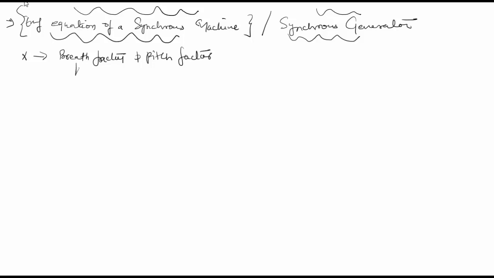If I name these KB and KS, then my winding factor KWF is equal to KB into KS. This is known as my winding factor.